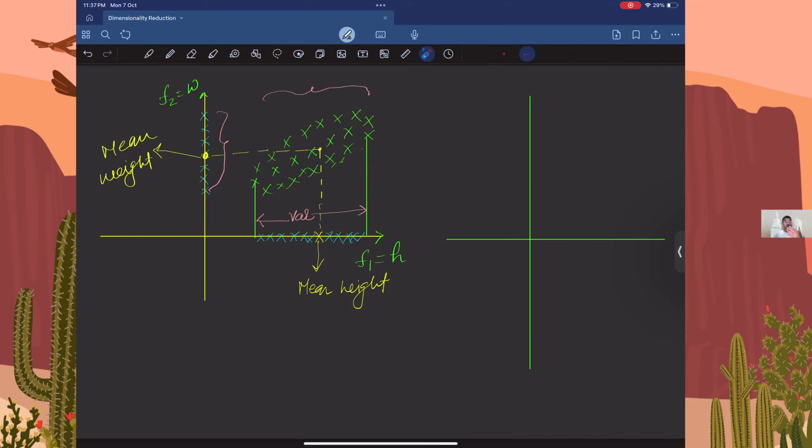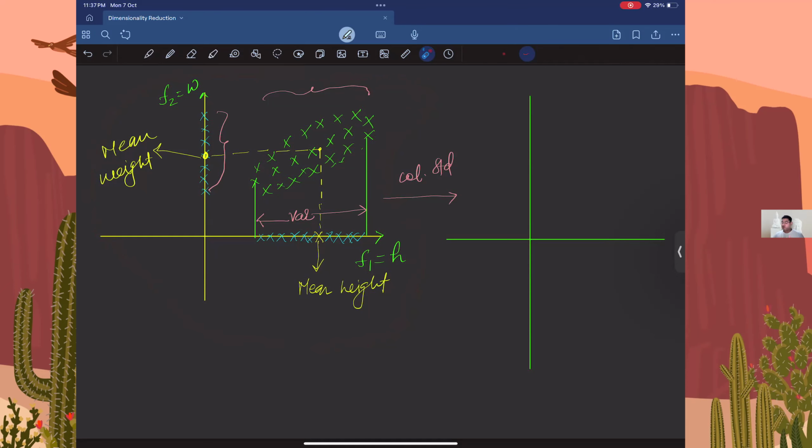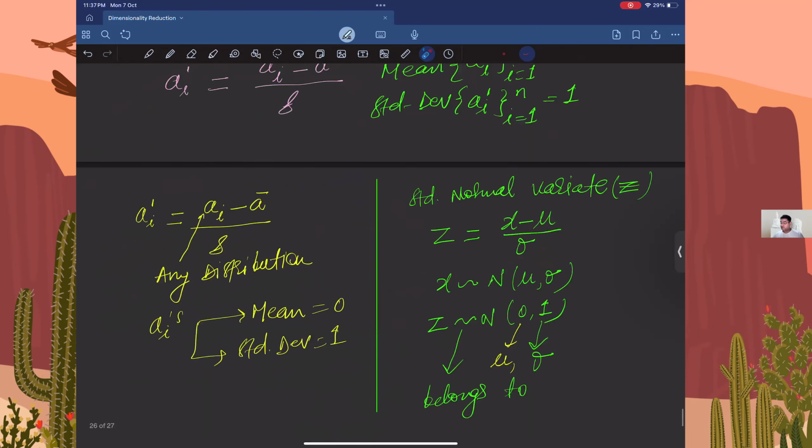So by transforming this using column standardization, what do we get? I get a new data set. So when I am performing column standardization on this data, this is my original data. This is the geometrical representation of my original raw data, F1, F2 features, that I have told you.